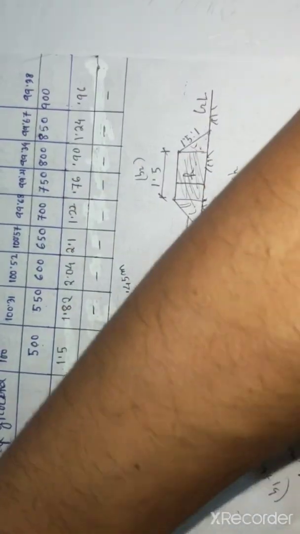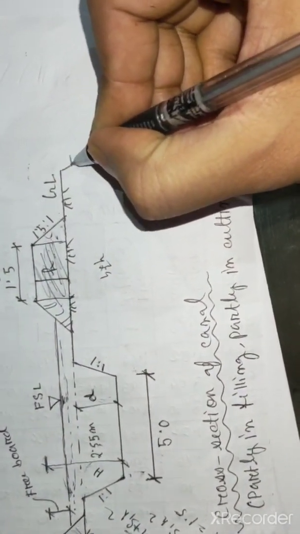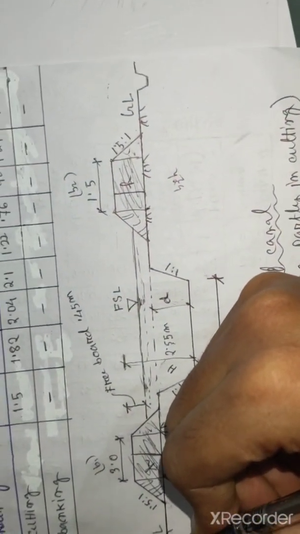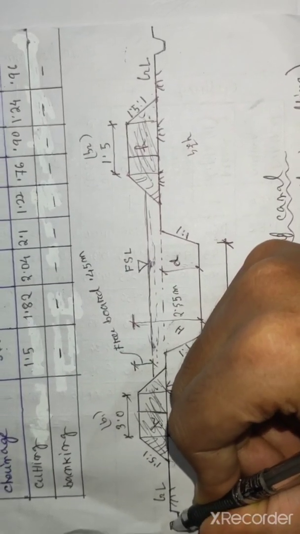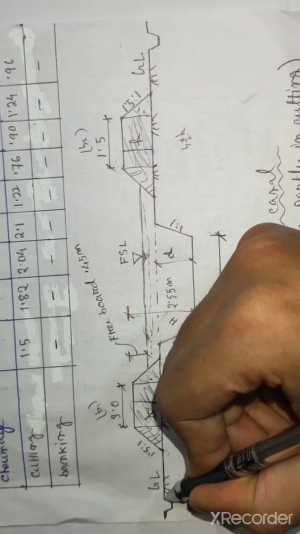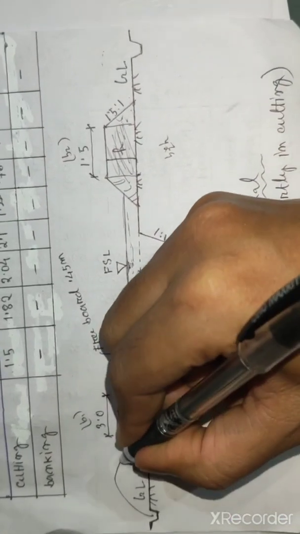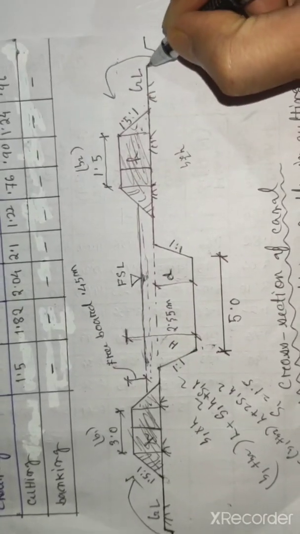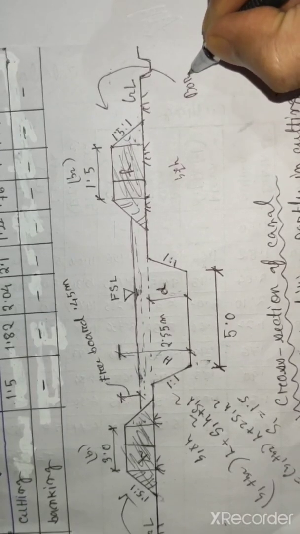So what we are going to do, we are going to dig some extra trenches here like this. We are going to excavate some extra trenches and take the earth from this to construct this. 123 cubic meter of extra land will be taken from these extra trenches, and these are called borrow pits.